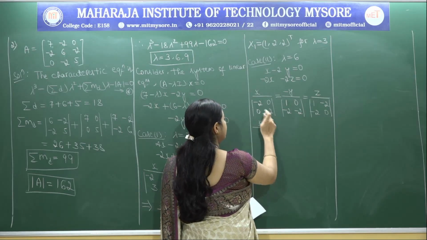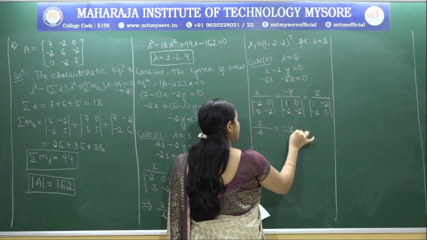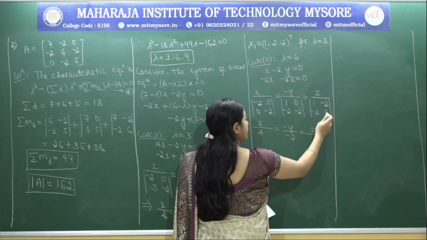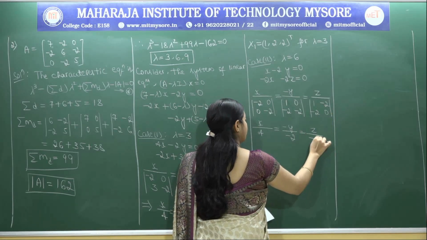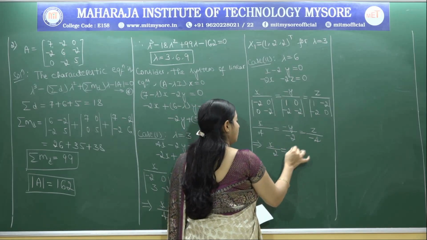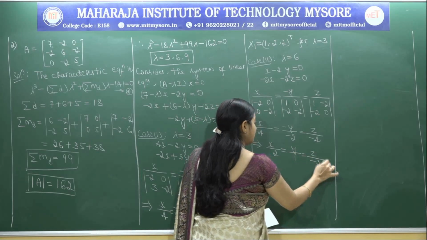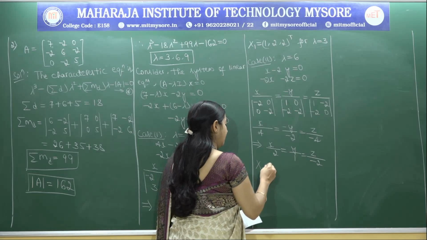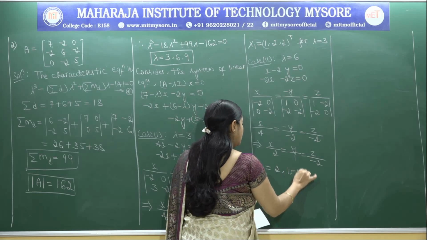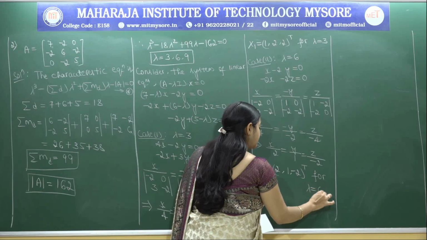On solving, the first is 4 minus 0, the second is minus y divided by -2 by cross multiplication, the third is 0 minus 4. So you get x divided by 2, y divided by 1, z divided by -2. So the second eigenvector for lambda equals 6 is (2, 1, -2) transpose.